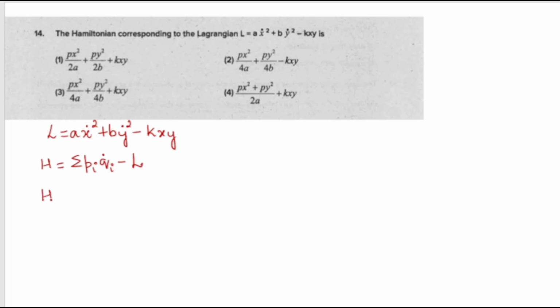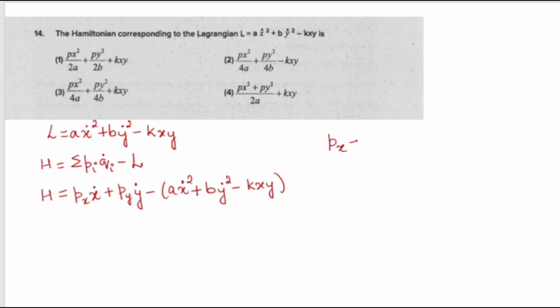So the Hamiltonian will be p_x into x dot plus p_y into y dot minus my Lagrangian, a x dot square plus b y dot square minus k x y. We need to substitute for p_x and p_y.